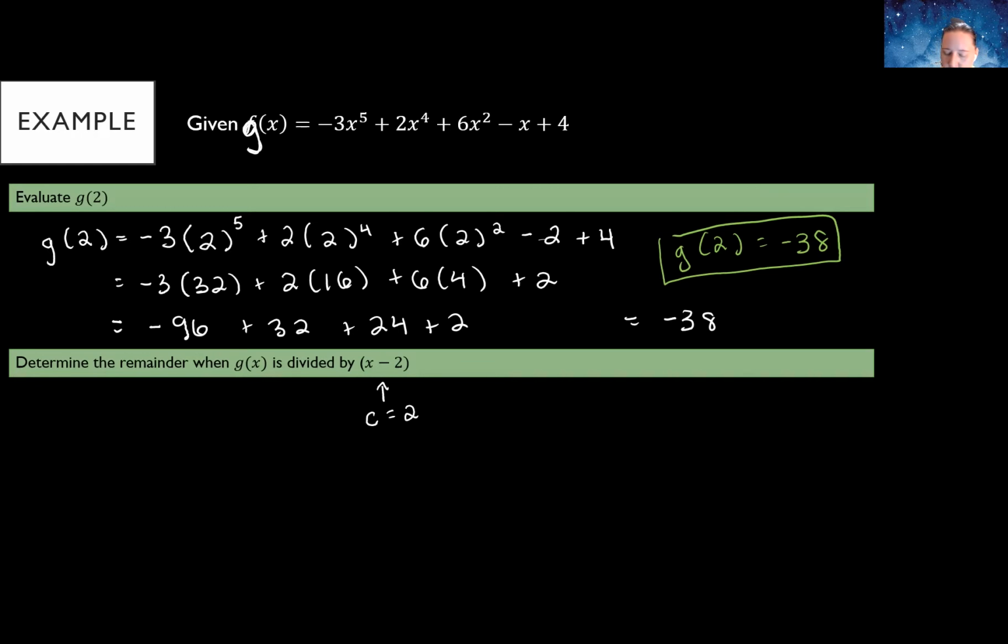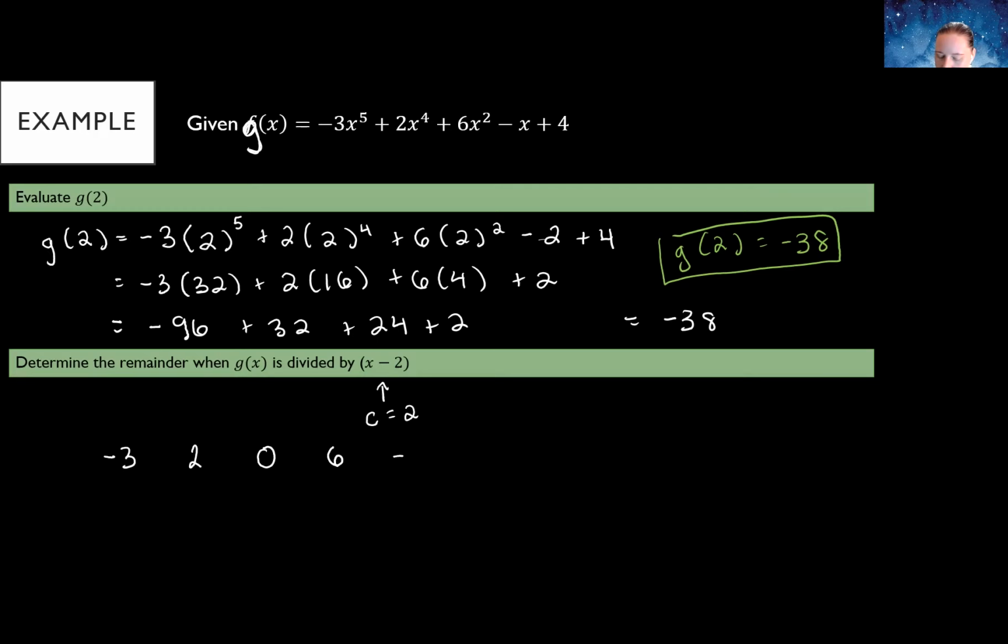So when I set up my synthetic division, I'm just looking at the coefficients of my function G. So I start with negative 3. And then I have 2 for X to the 4th. Now I do not have an X cubed term, so I have to put a 0 because I'm missing that X cubed. Then X squared, I've got a 6.